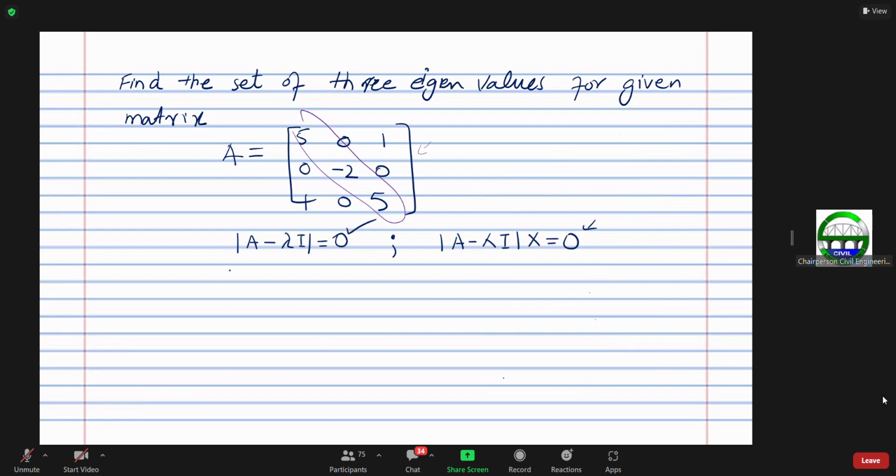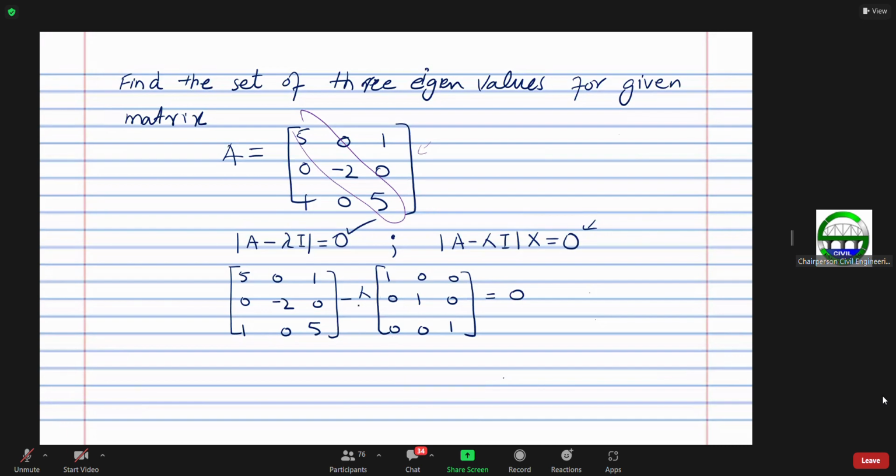So how do we go? We already have A. The value of A is 5, 0, 1, 0, minus 2, 0, and 1, 0, 5, right? And then minus lambda times I, where I is 1, 0, 0, 0, 1, 0, 0, 0, 1, equals 0, like the null matrix, or just say 0, right?